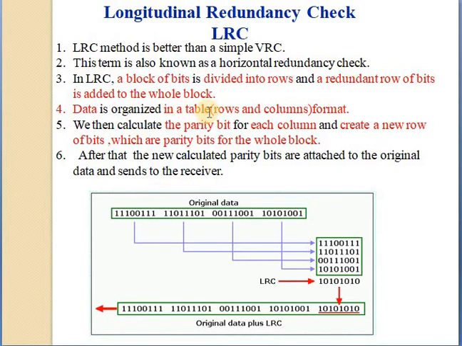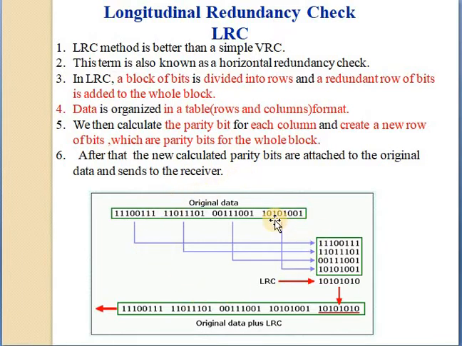Data is organized in a table, that is, in rows and column format. We then calculate the parity bit for each column and create a new row of bits which are the parity bits for the whole block. After that, the newly calculated parity bits are attached to the original data and sent to the receiver.